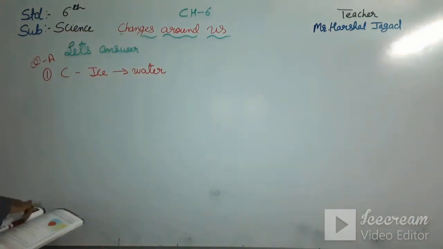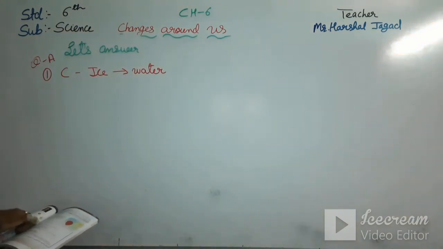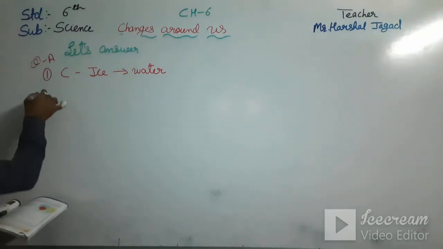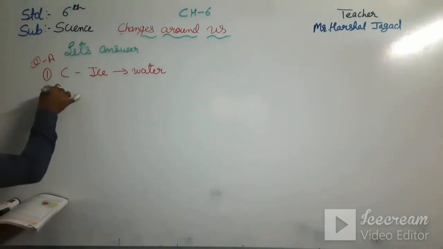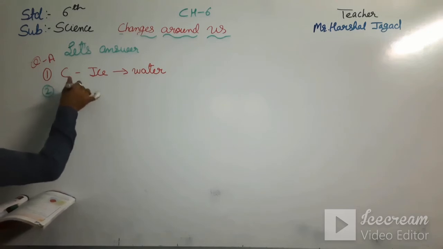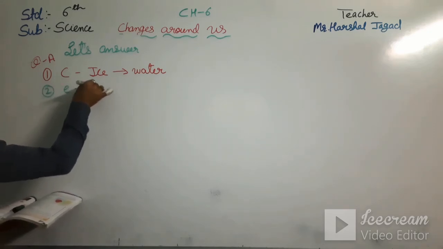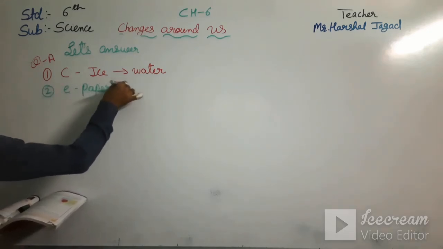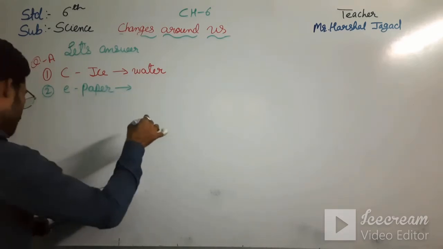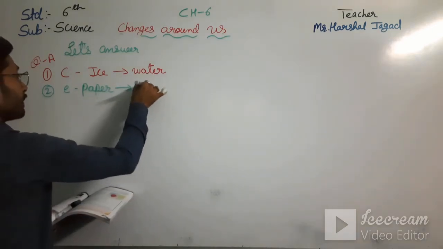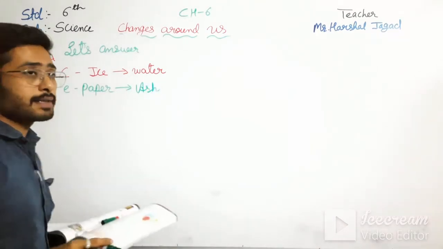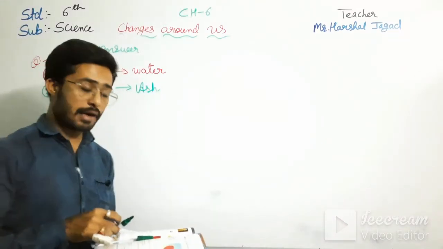Okay. Second, that is chemical change. Chemical change, that would be E, that is paper to ash. Ash, if I say in Gujarati, that is rakh.